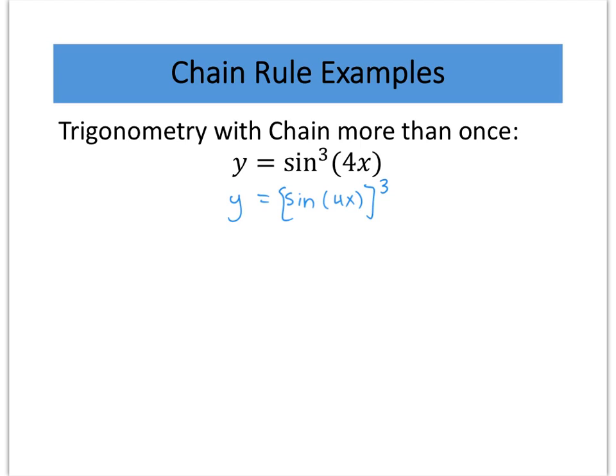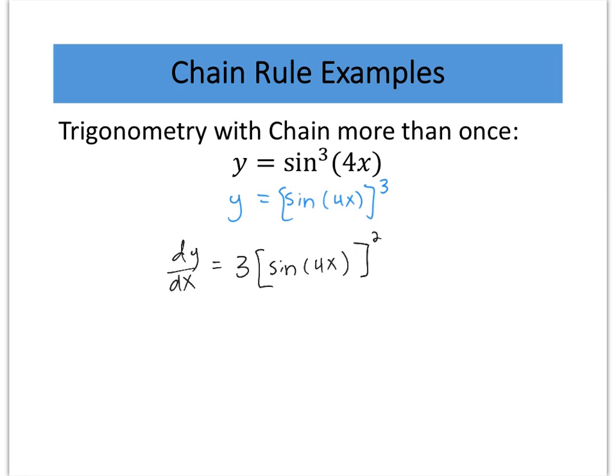I'll try to do it in different colors each time. So I've got my dy dx. I'm going to take the derivative of my outside function, which is 3 times the sine of 4x squared.